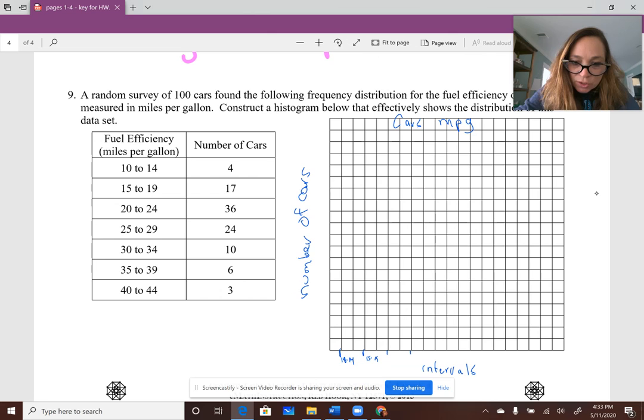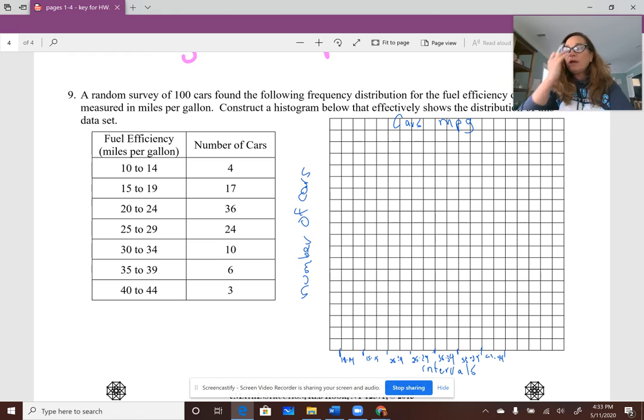This is 20 to 24. Oh, horrible handwriting. And then this is 25 to 29. You'll see how forgiving I am when I grade these, because the handwriting is really hard. 30 to 34, 35 to 39, and then 40 to 44.